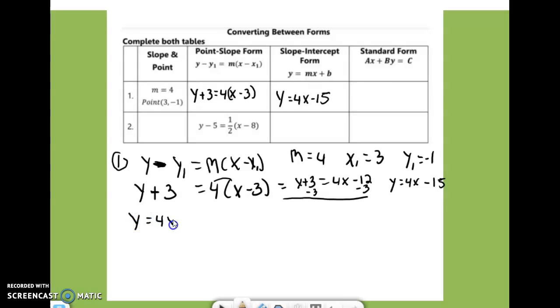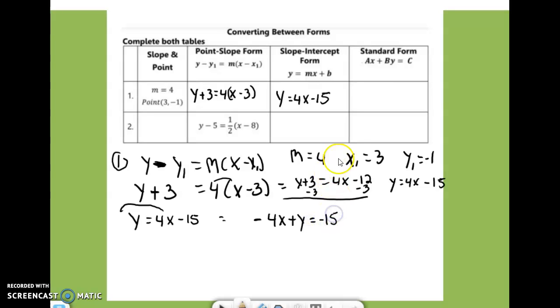Now to get slope-intercept into standard, right? So here's my slope-intercept. I want to get it into standard, so I'm going to move this over to the other side. So it's basically going to be negative 4x plus y equals negative 13.